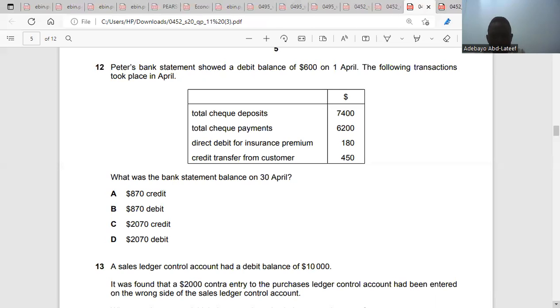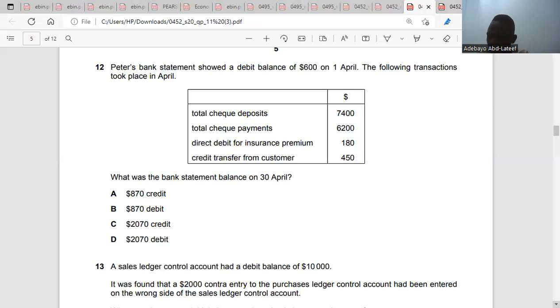Then we have a direct debit of minus 180. Then a credit transfer from a customer, that means a customer credited this account, plus 450. So we have 870.